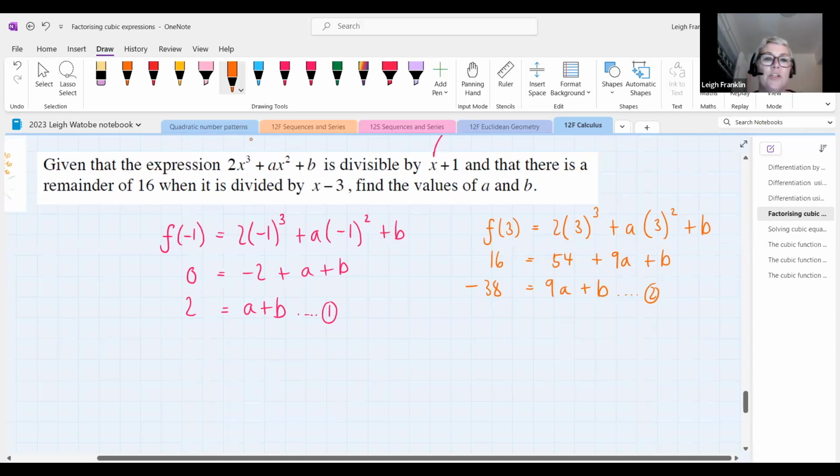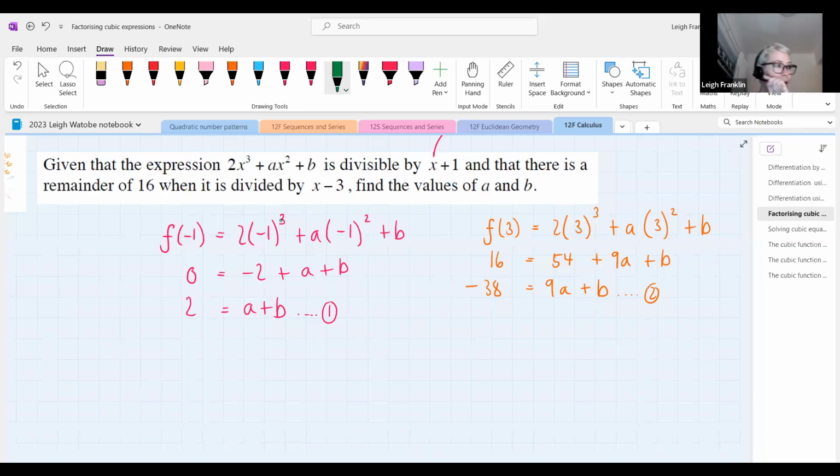B in which equation, number 1 or number 2? I made b equal to a plus 2, and then I put it into equation 2. Oh, okay. If you're making b the subject of the formula and a is going over to the other side, it would have to be 2 minus a. Is that maybe your mistake?